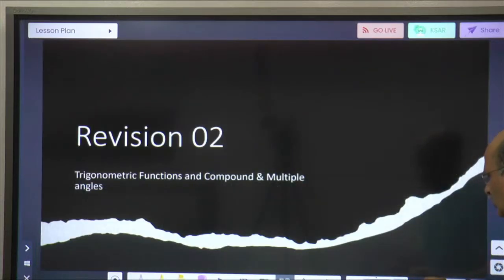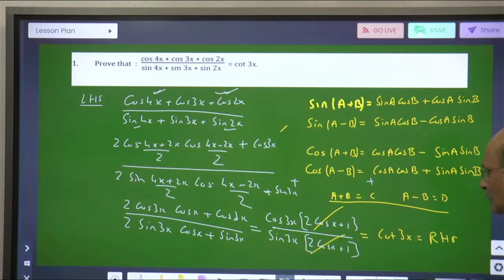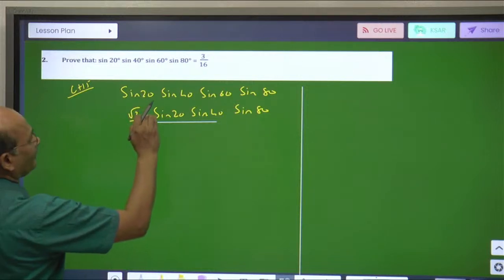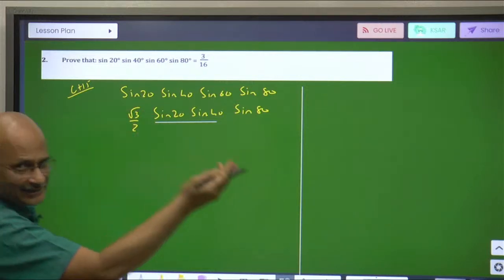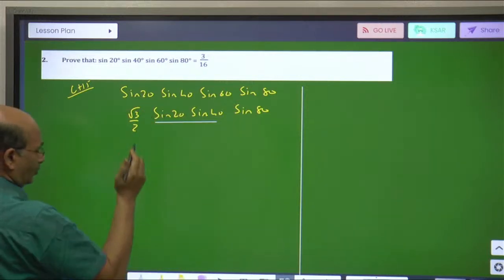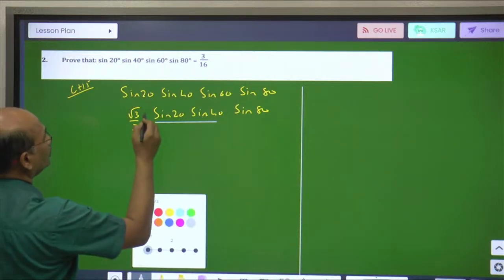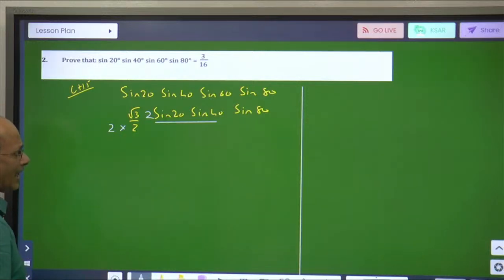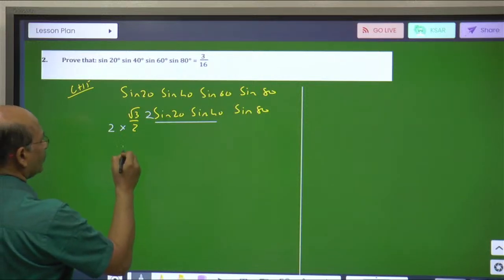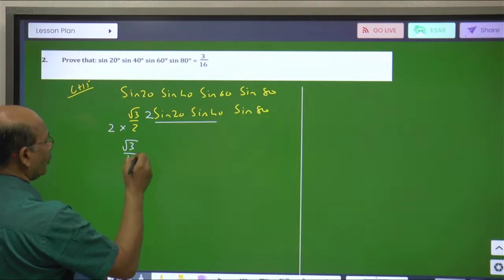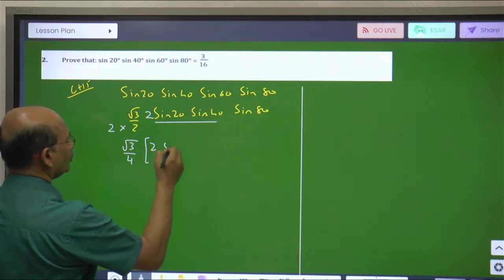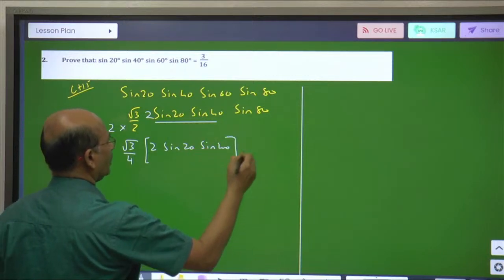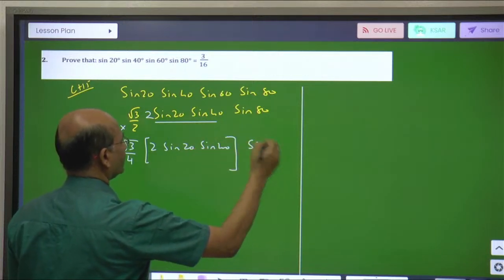As it is a product, I will multiply by 2 and divide by 2, so that it is 2 sine sine. What happens now is root 3 upon 4, 2 sine 20 sine 40, and here I will write sine 80 as it is.